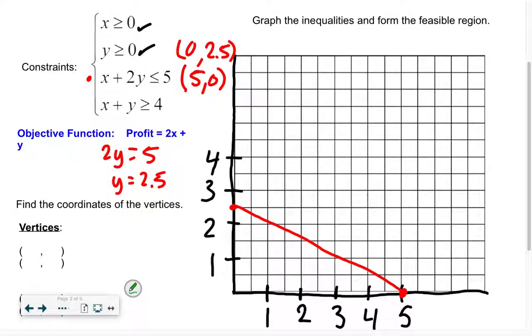Okay, doing the same thing with this bottom one, my green line. If I cover up y, my x is 4, so I have (4, 0), and then cover up x, I get (0, 4). And then go ahead and plot those. Oh, that one was worse.